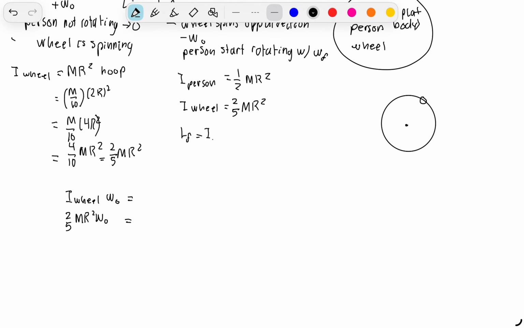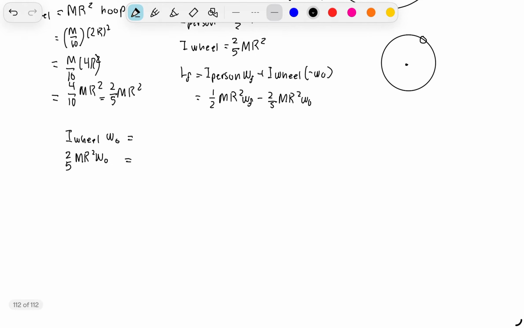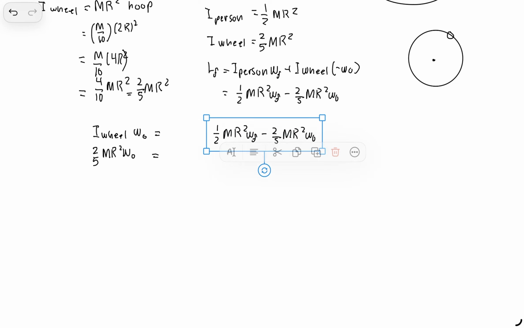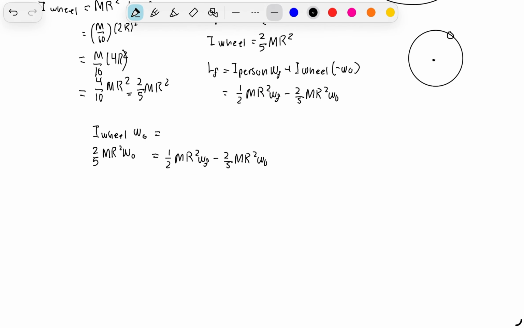So we have I of the person times omega final plus I of the wheel times negative omega initial, and that's going to equal 1/2 mass radius squared times omega final minus 2 over 5 mass radius squared times omega initial. So then you're going to set these two equal to each other. So here is now our equality.